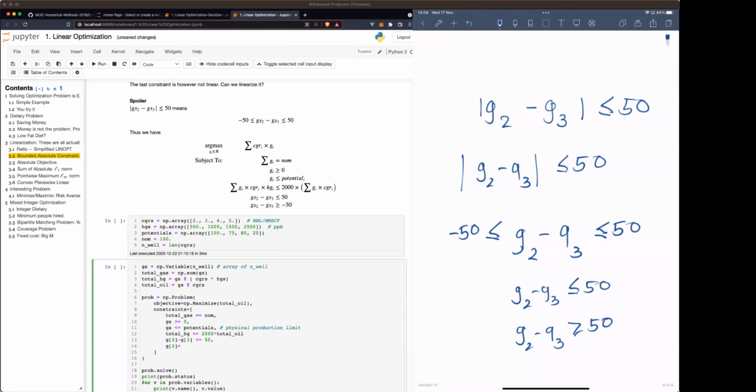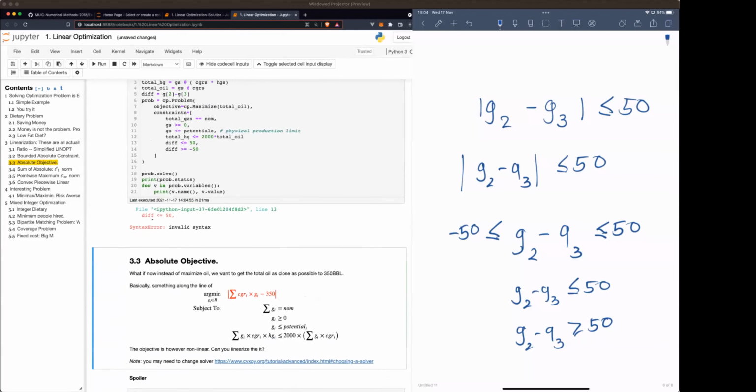Let me define a new variable called diff, which is G2 minus G3. And I say that diff has to be less than 50, and diff has to be greater than or equal to minus 50, and now you can solve it, right?